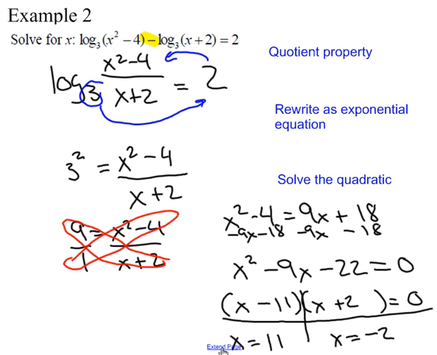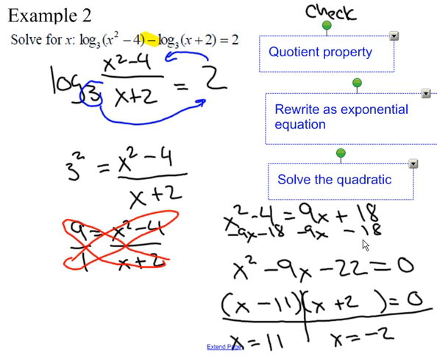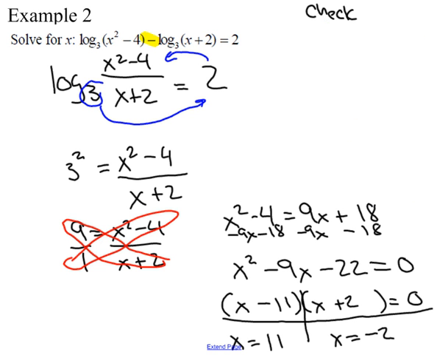Now, whenever you're working with quadratics, it's always a good idea to check the values you got for x, because you might have to reject one of them. So let's go ahead and do a check to see if anything has to be rejected. And let's begin with negative 2.